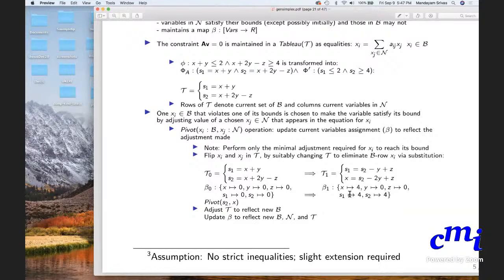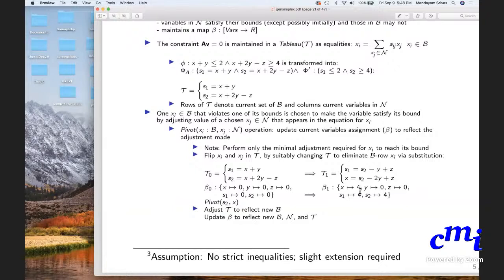After you get these equations, you can plug in that value, and you will notice that the non-basic variables that were left alone in N, their values will not get updated.